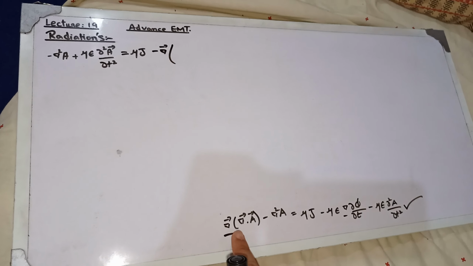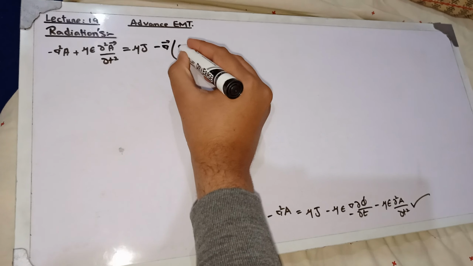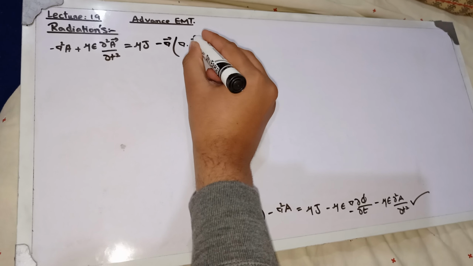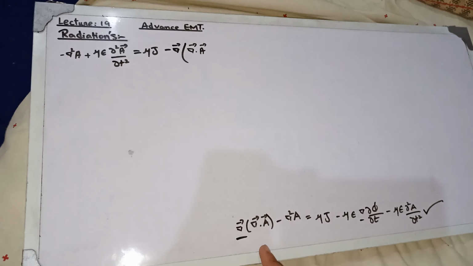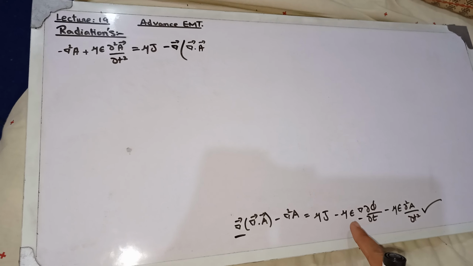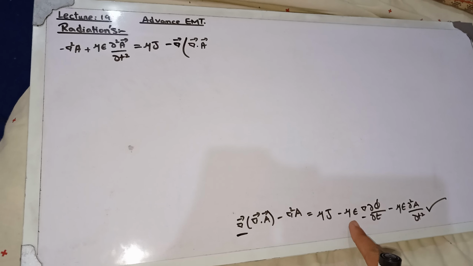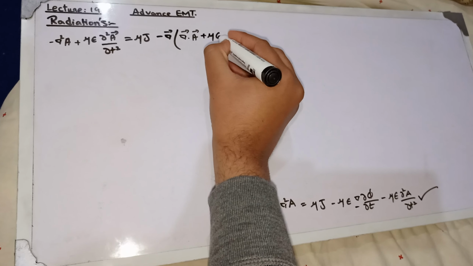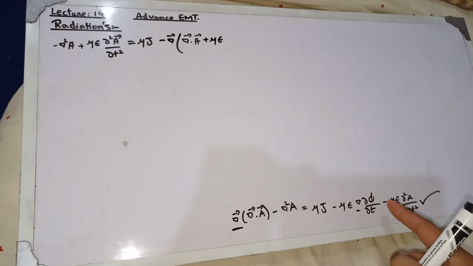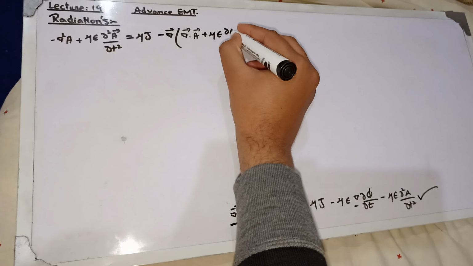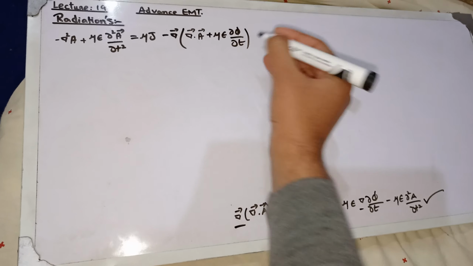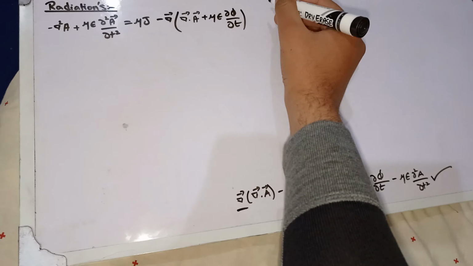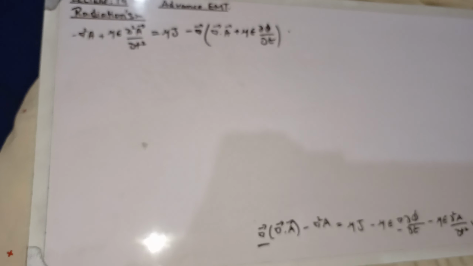Inside left is del dot A, and here, because you take minus common, it becomes plus mu epsilon partial psi by partial t as it is, and this del you take common, so this is the final equation it can be written as.